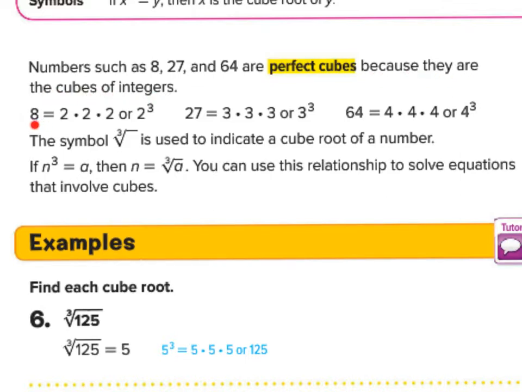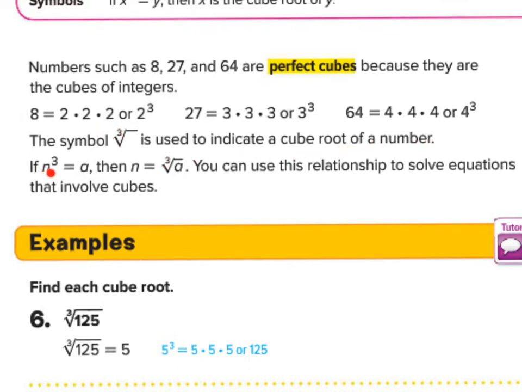Here you have it. 8 is 2 times 2 times 2, or 2 to the third power, or 2 cubed. 27, 3 times 3 times 3, 3 to the third power, or 3 cubed. 64, 4 times 4 times 4, or 4 cubed, right? The radical sign with the 3 on the outside is used to indicate a cube root of a number.